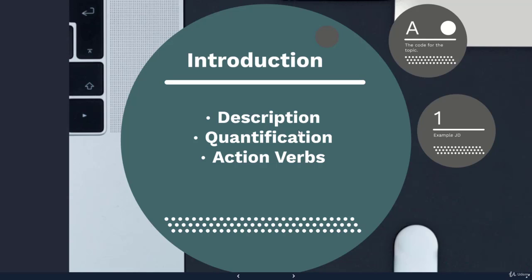Then we will move towards quantification, how we are supposed to use it in our CV, what action verbs actually are, and how they are going to improve and enhance the overall CV and help the recruiter screen us fast.